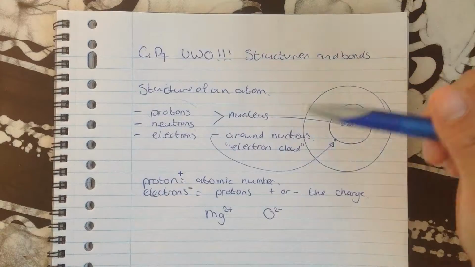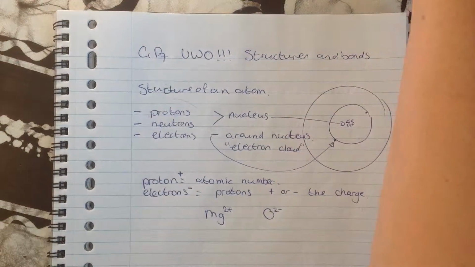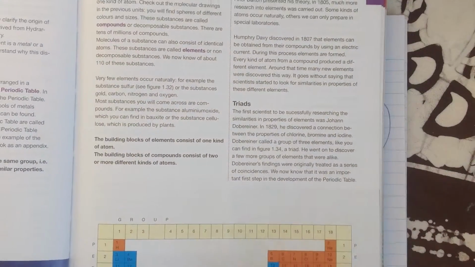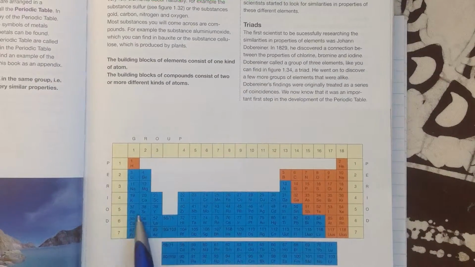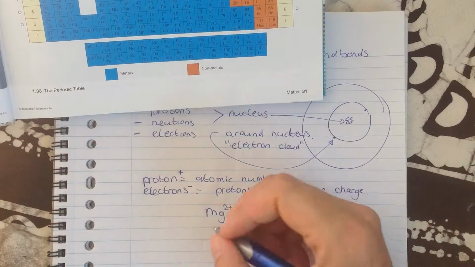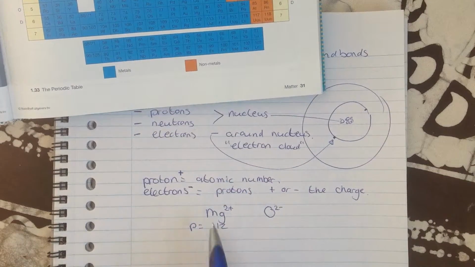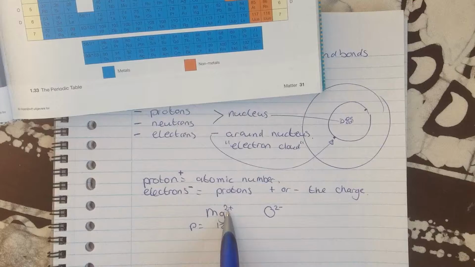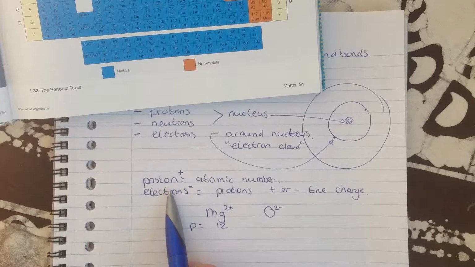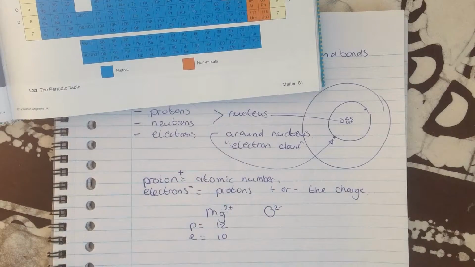Okay, so when I want to know the number of protons and electrons in these two, I go to the periodic table and look for magnesium. Magnesium has atomic number 12, so it has 12 protons. I have 2+, so I have 2 more protons than electrons, so the electrons must be 10.